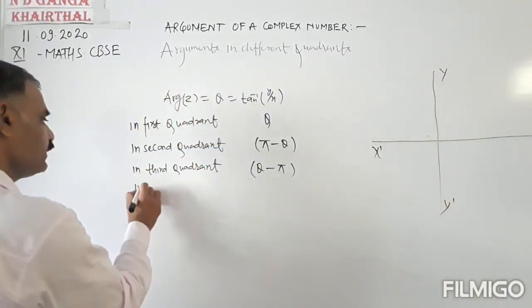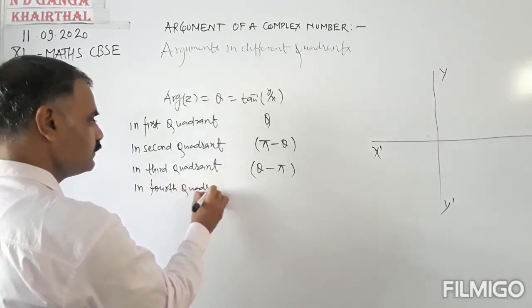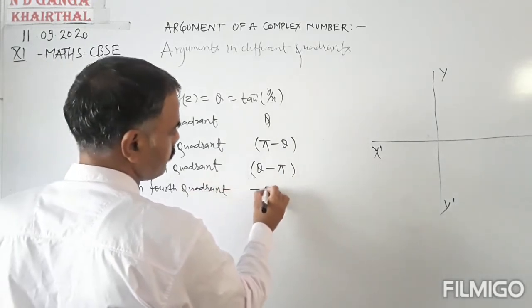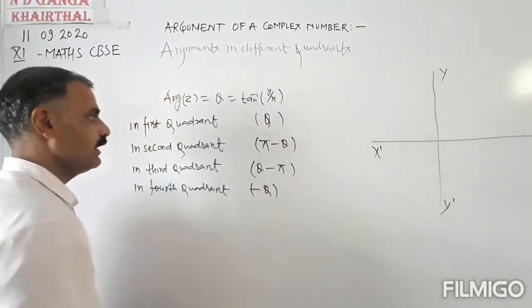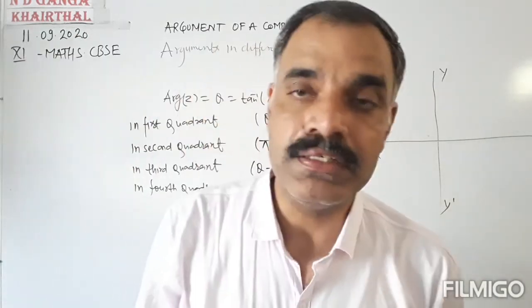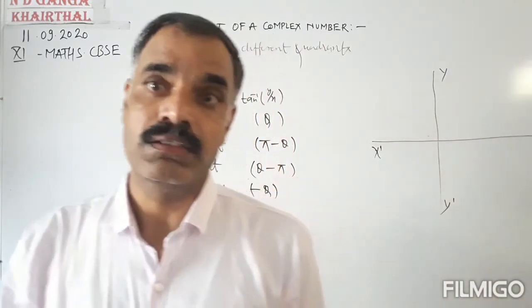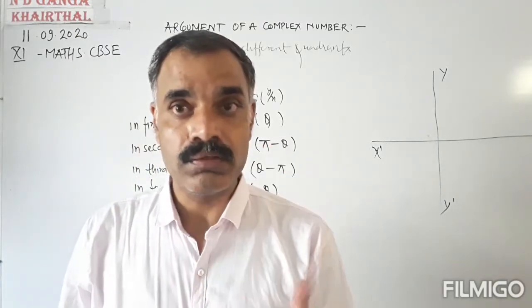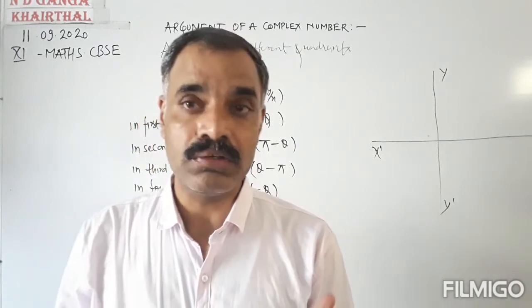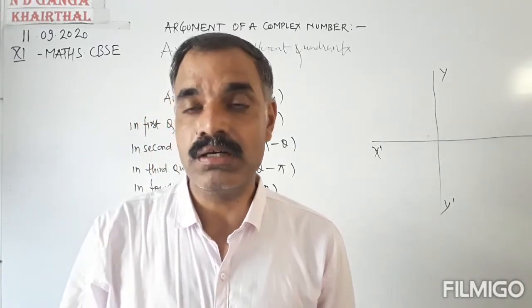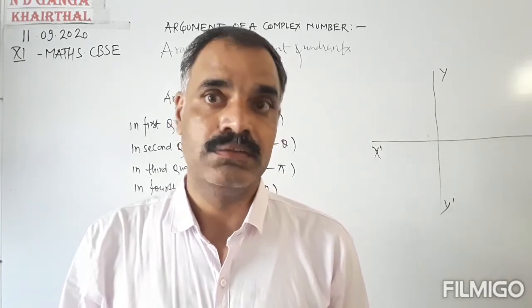And in fourth quadrant, the argument is minus theta. So these are the different arguments or amplitudes in different quadrants. In first quadrant it is simply theta, in second quadrant it is pi minus theta, in third quadrant it is theta minus pi, and lastly in fourth quadrant it is minus theta.